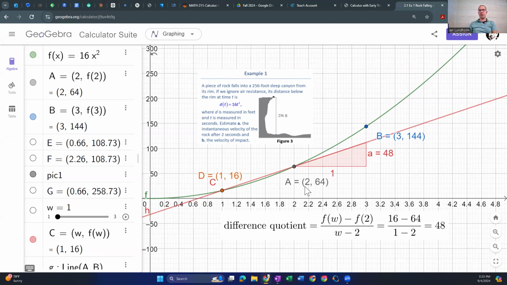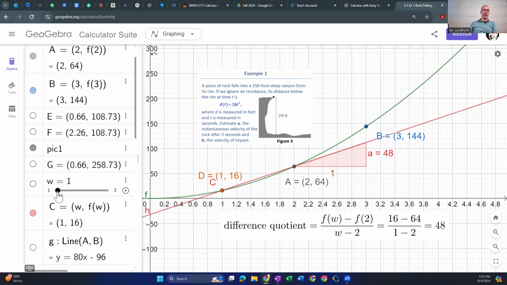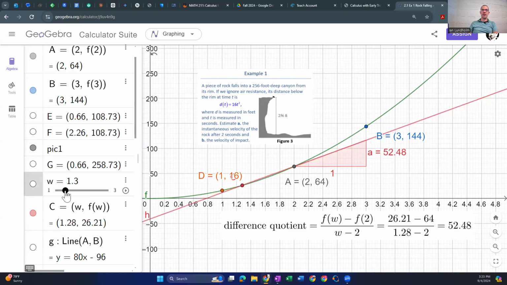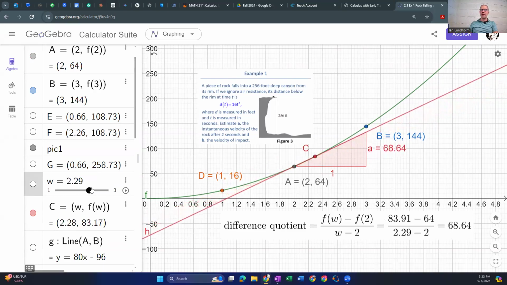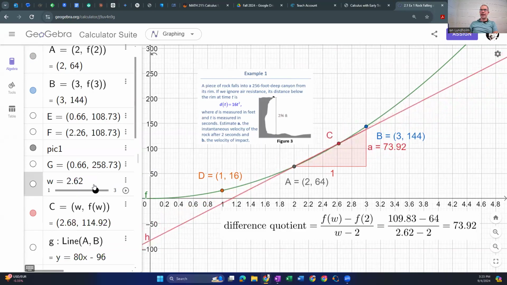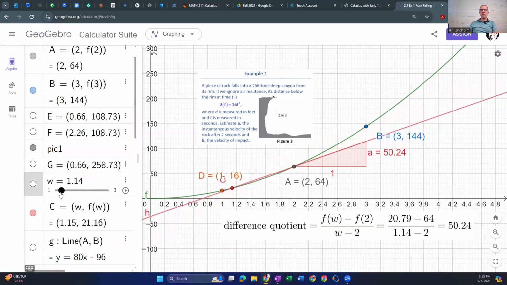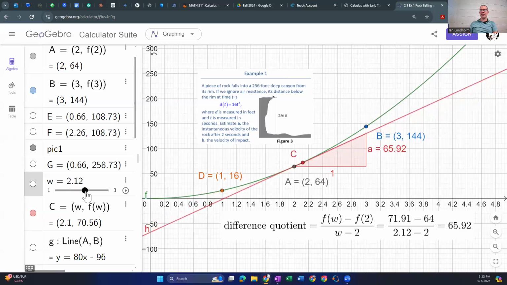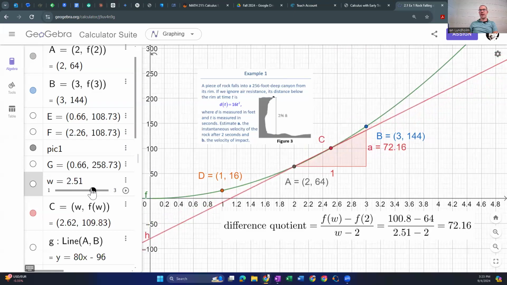That's the y value related to this point A. But then I've got this other thing that says f of w, and w because I've made a slider here that allows me to change this point that goes along the parabola. And you can see that as I change this point, these numbers can change accordingly, and we can calculate different slopes.